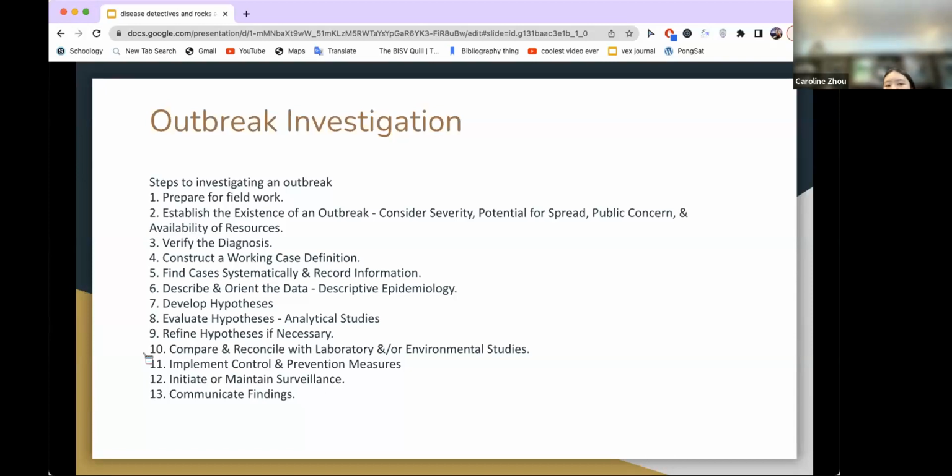And if it's wrong, you can refine it if necessary. Then compare and reconcile with laboratory and/or environmental studies, implement control and prevention measures, and initiate or maintain surveillance. Basically, you have to keep track of how effective your prevention measures are. And then lastly, communicate findings.